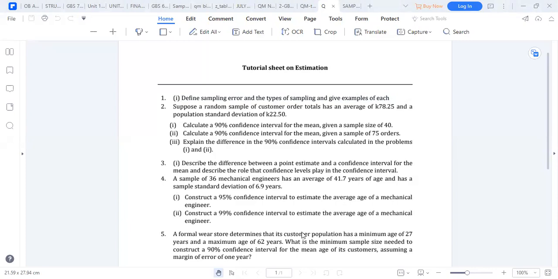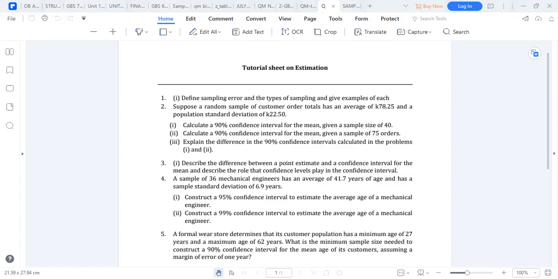Cluster sample. Probability sampling and non-probability sampling. So generally we have probability and non-probability sampling methods. So under probability methods, which examples have we talked about? We have simple random sampling, yes, number one.